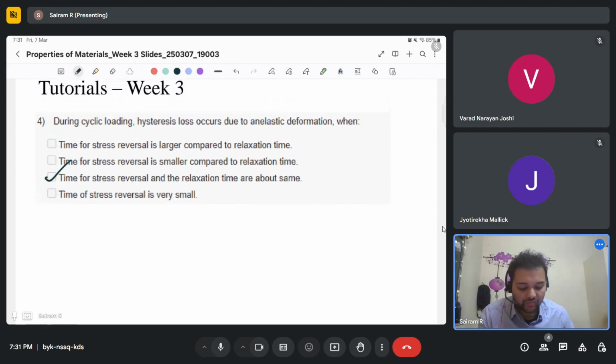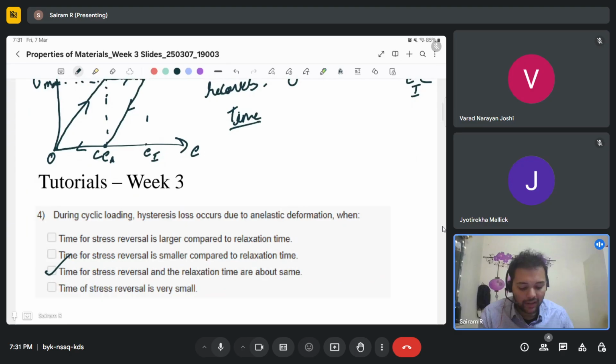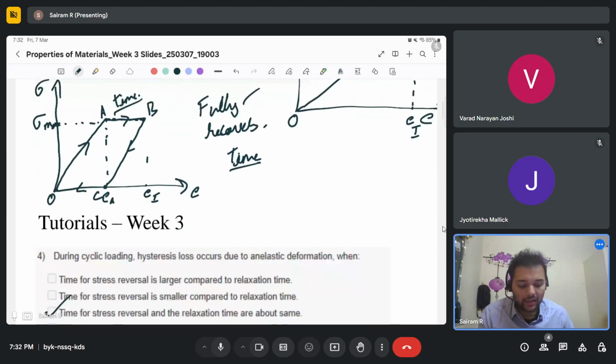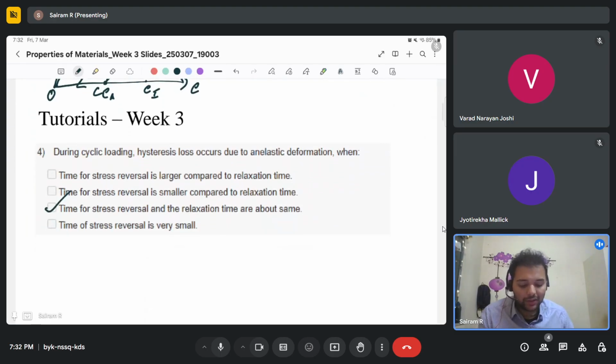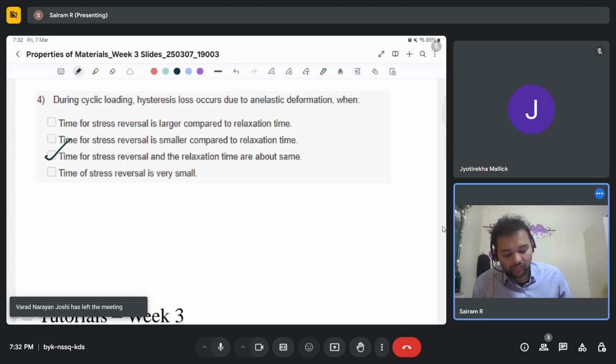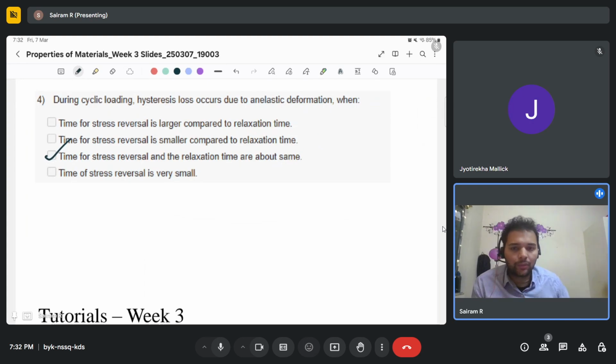And when these are very similar to your stress reversal time in the case of isothermal heating, that is when we have this hysteresis loss occurring in our systems. We will touch upon the concept of relaxation time when we do the rehearsals, the refresher of this week's classes later.